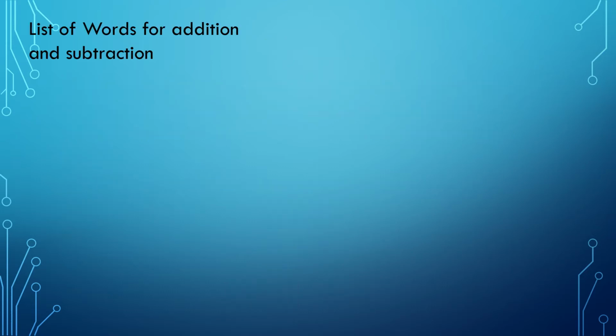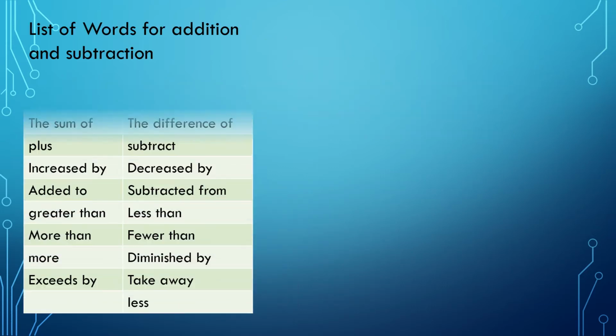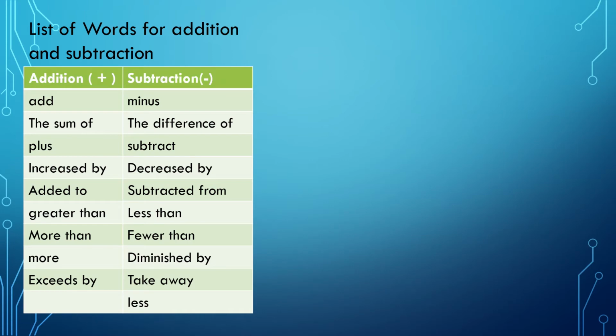Okay, so here's the list of words for addition and subtraction, or the keywords. For addition, if we see or read these words, it means we are going to add. So we have add, the sum of, plus, increased by, added to, greater than, more than, more, exceeds by.